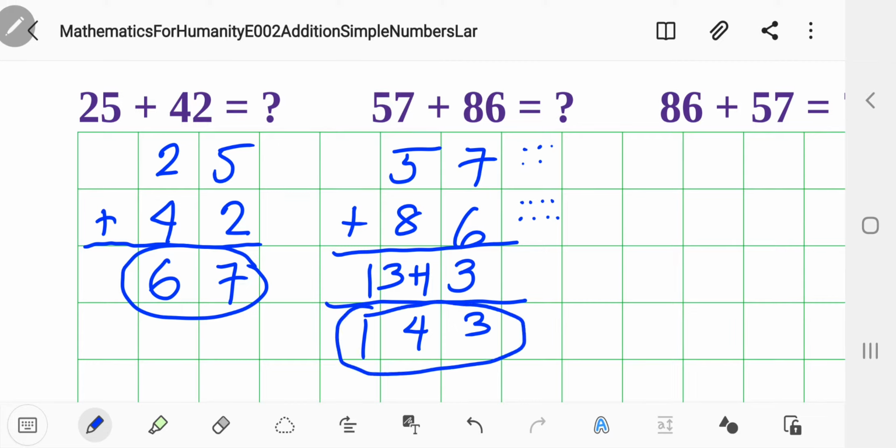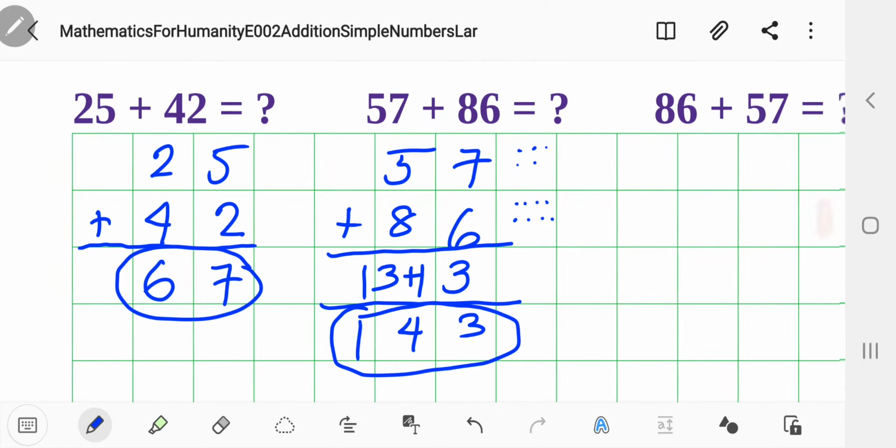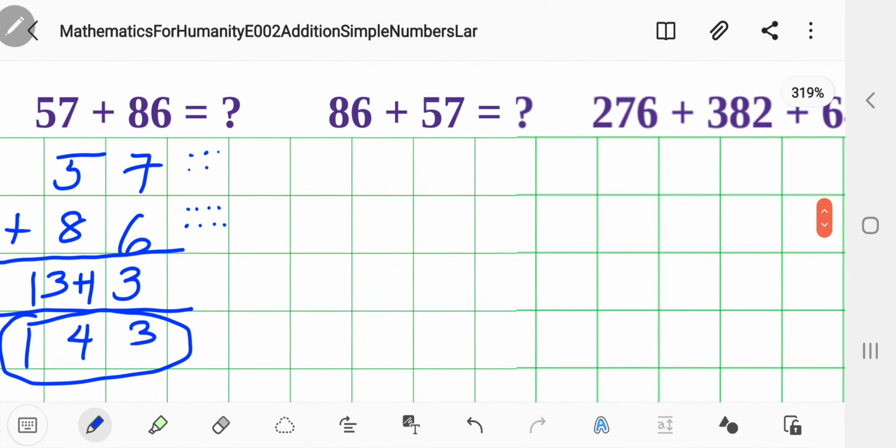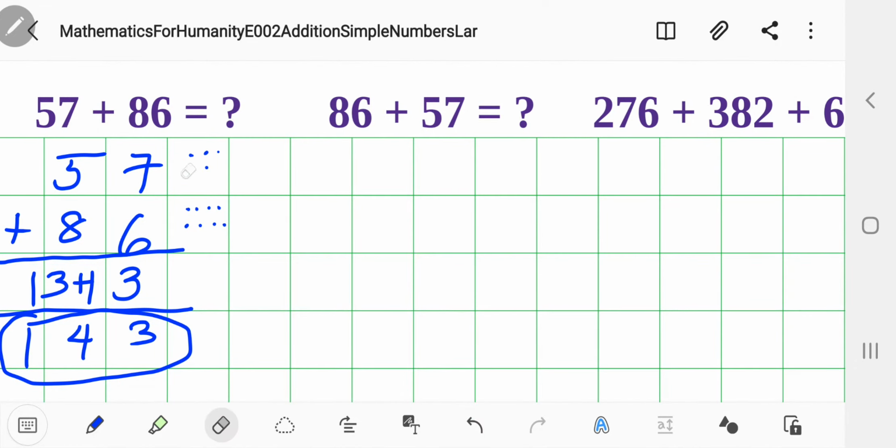How about we reverse the order for 2-digit numbers being added? So you have 86 plus 57.